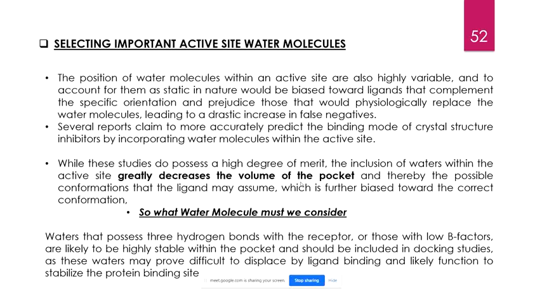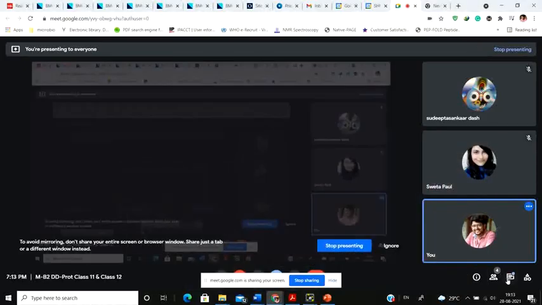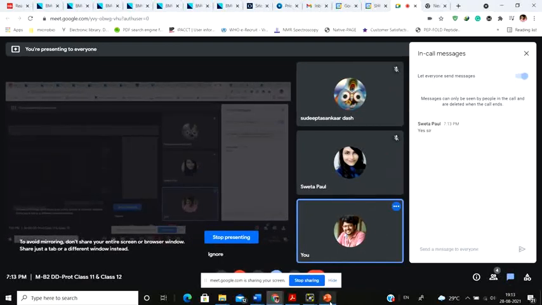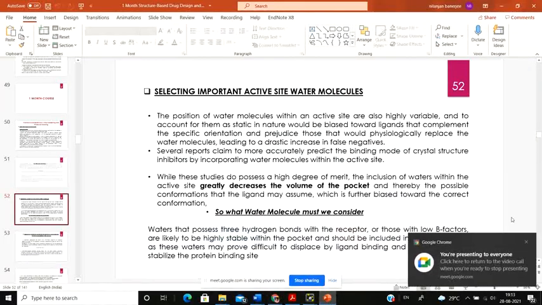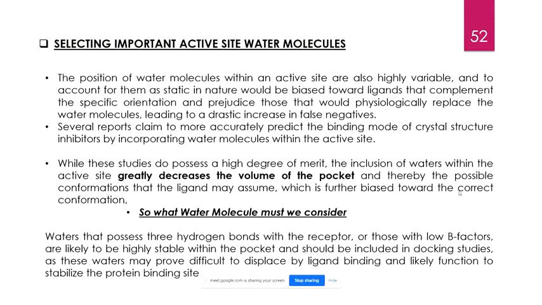So now to the second point. The next important point is the selection of the active site water molecules. In this respect, we have to talk about a number of things. The first one is the water molecule.